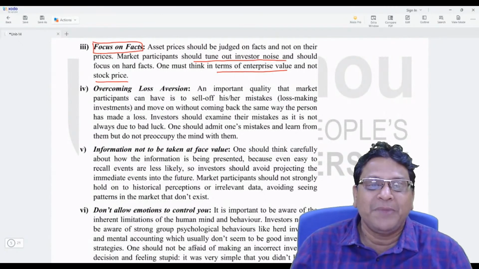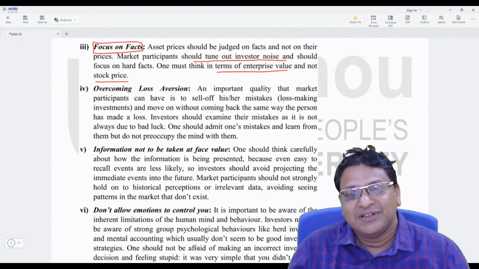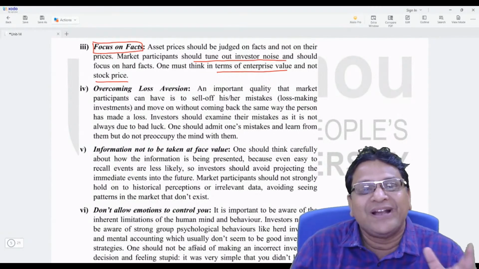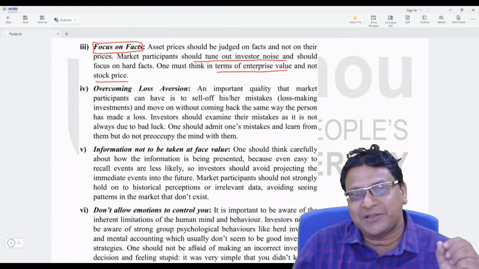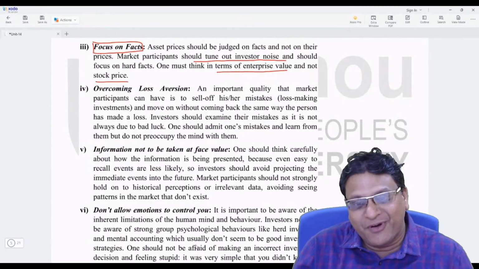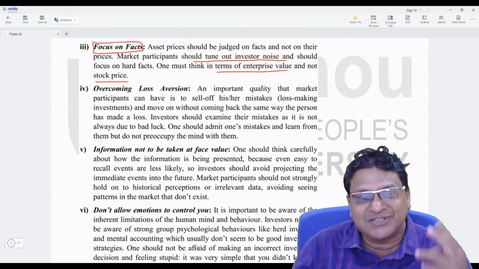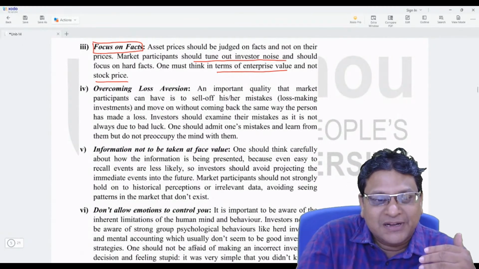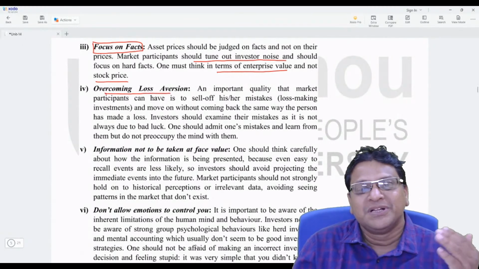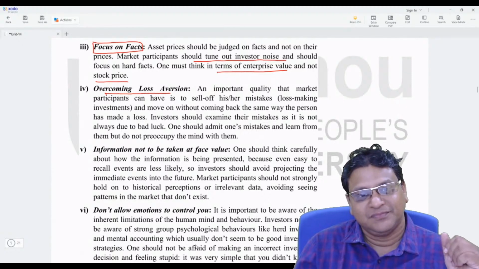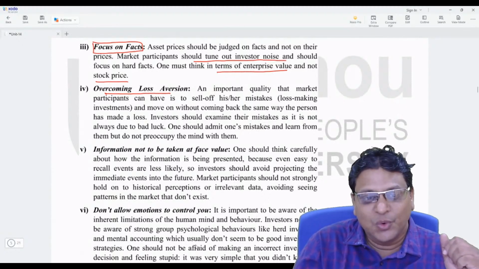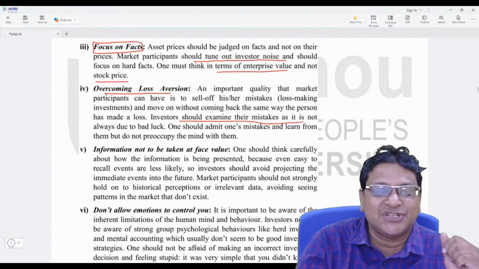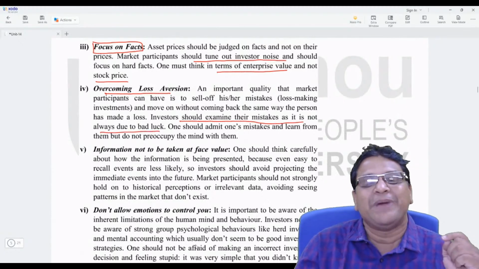Next, overcoming loss aversion. Generally, people try to avoid loss. That is, people are risk averse or loss averse by nature. So always people try to overcome the loss. Investors should examine their mistakes, as it is not always due to bad luck.